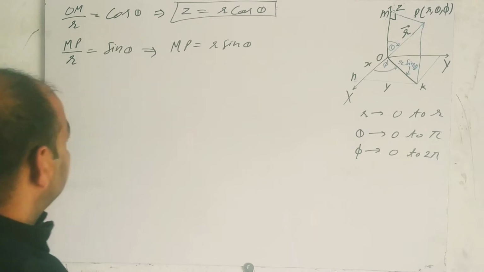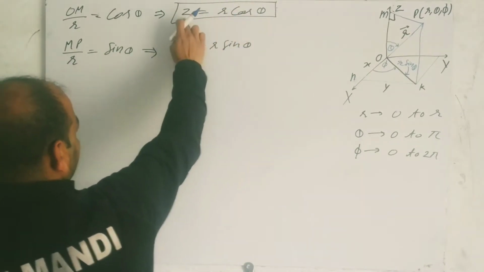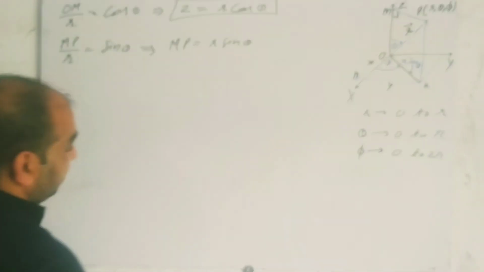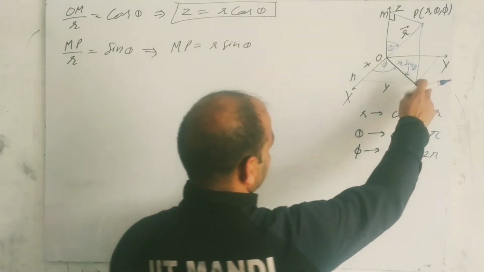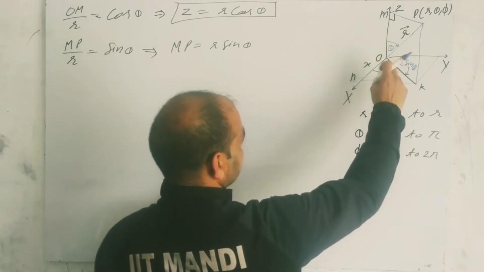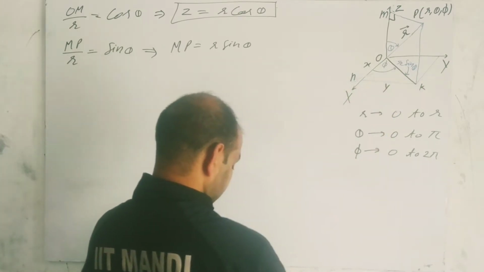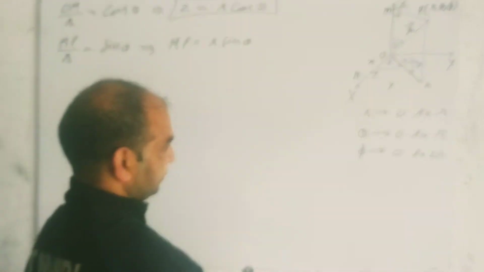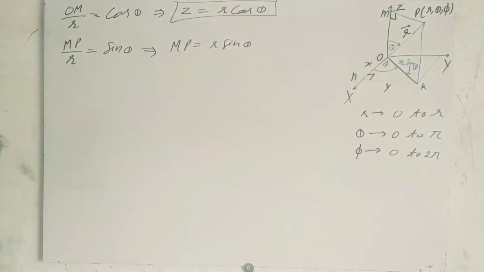Now this is the relation between the Cartesian coordinate and the spherical coordinate for the z component only. Now we will try for the other components. Here in this xy plane, this is ON. If ON is equal to x. Now this angle is also 90 degrees, because this line is parallel to the y axis.